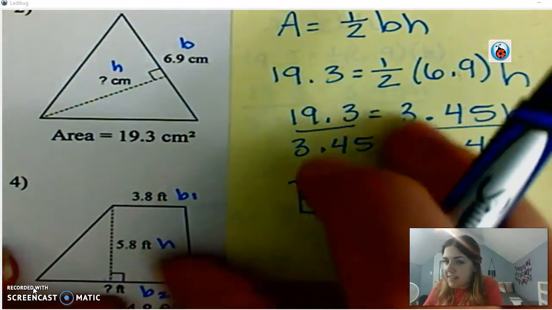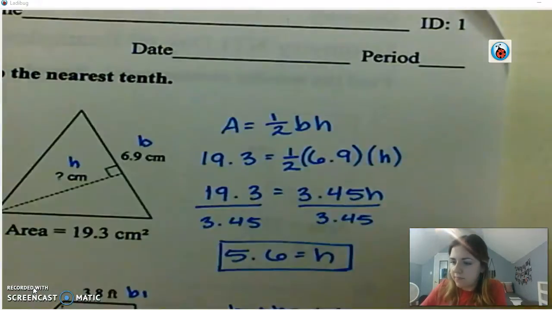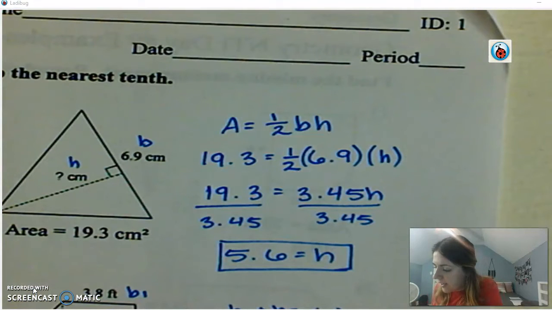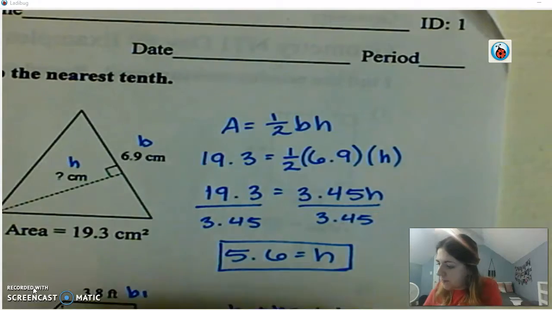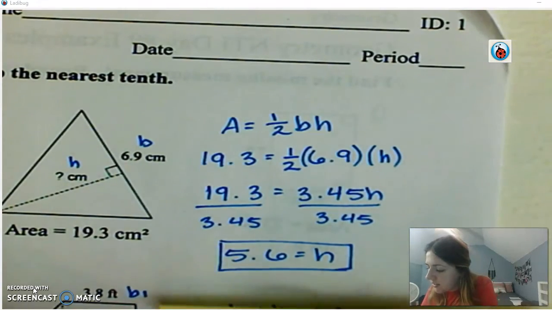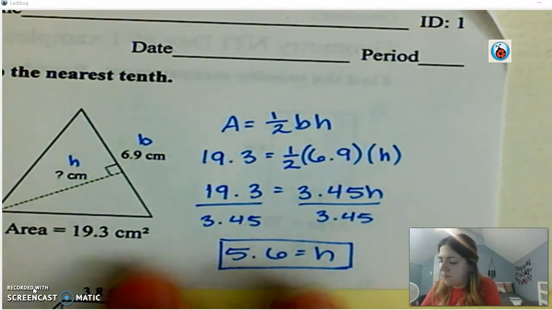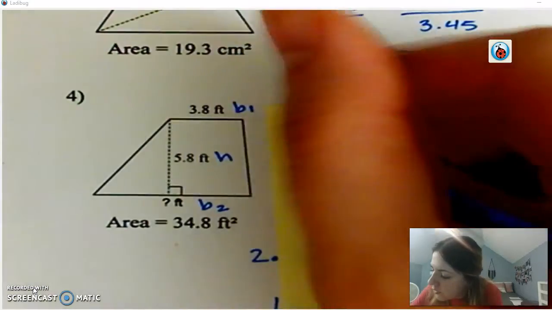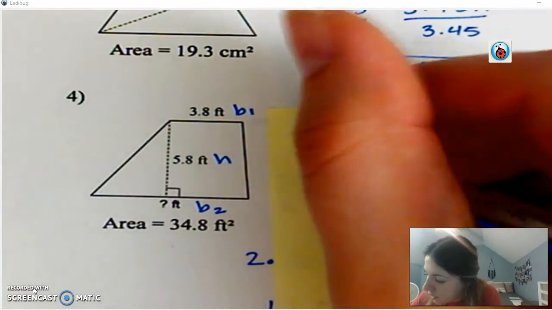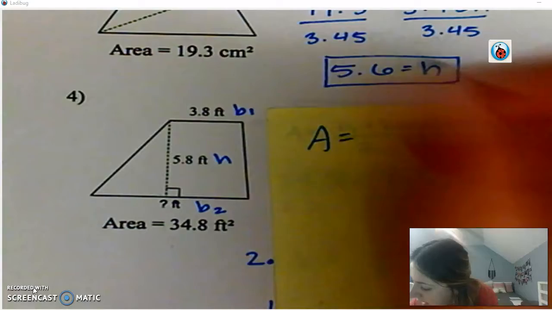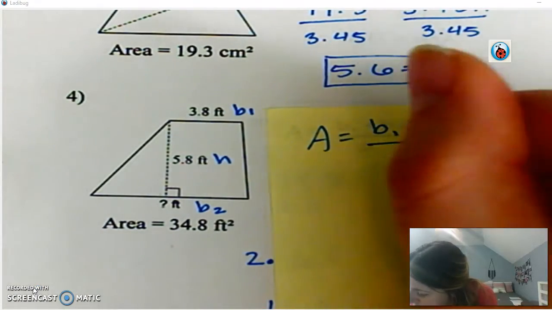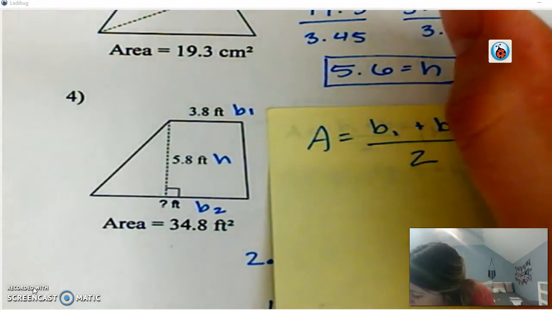All right, and then the last thing we have to look at is the area of a trapezoid. This formula is the most intense out of all of them. The formula for the area of a trapezoid is A equals B1 plus B2 over 2 times the height.